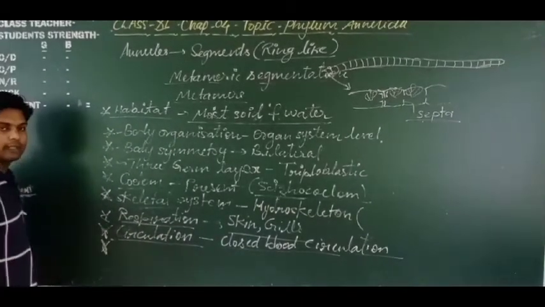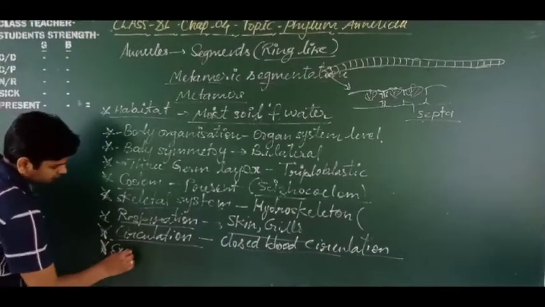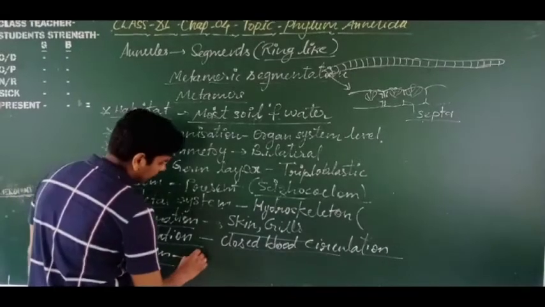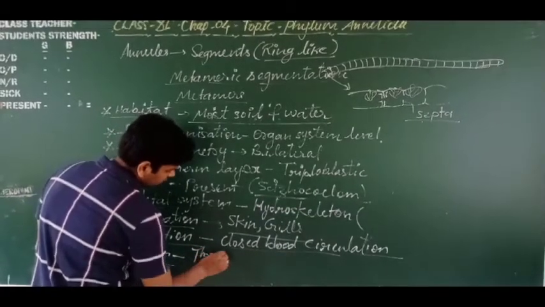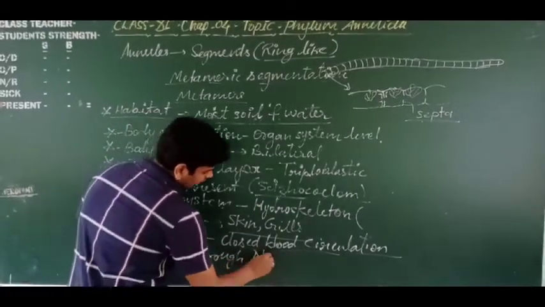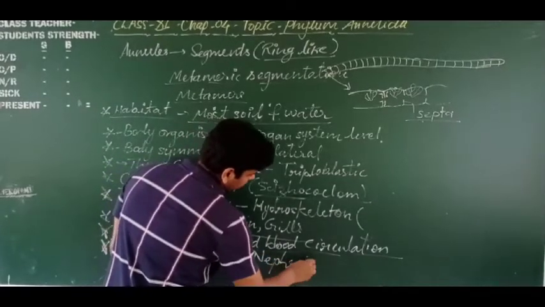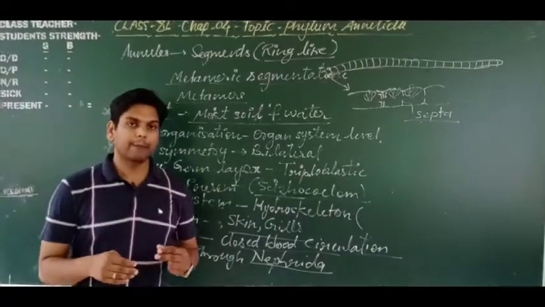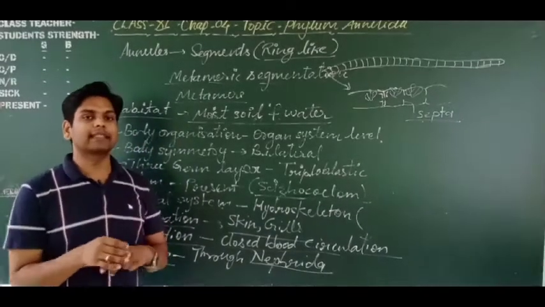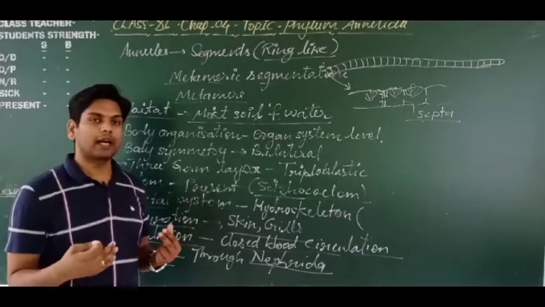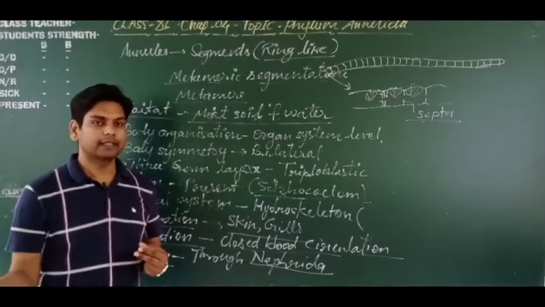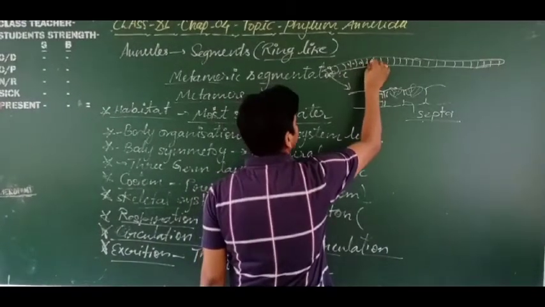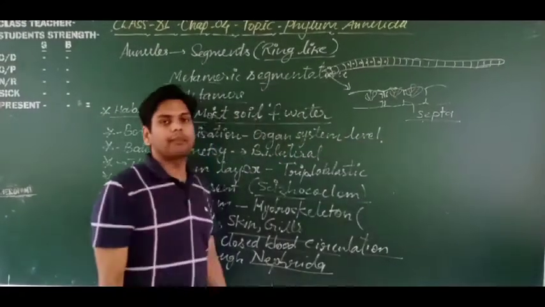Next one, dear friends, what? Excretion. Excretion occurs through nephridia. Nephridia are coiled tubes, and they eliminate all the excretory substances from the body to outside, because each segment has a pore, which is the opening of the nephridia.